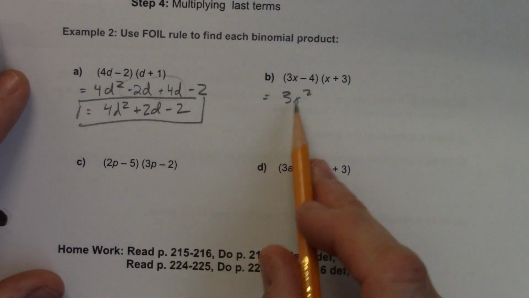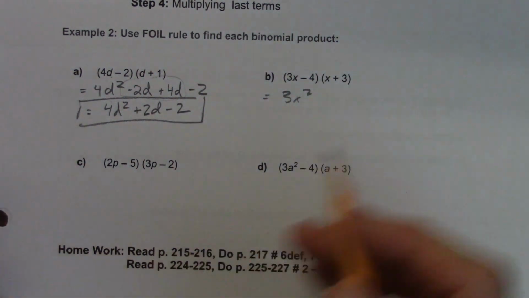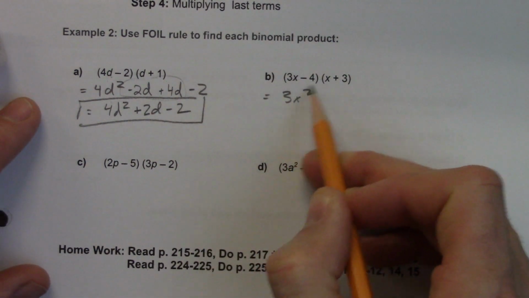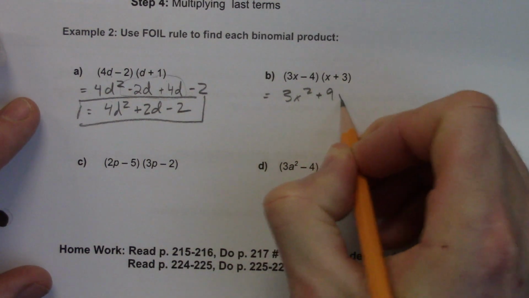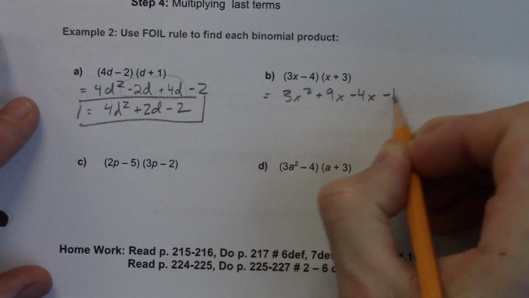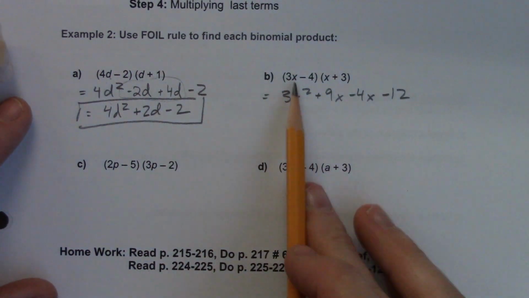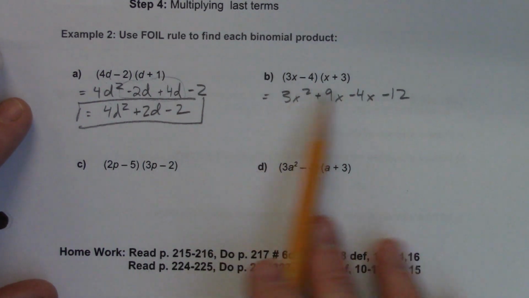This is the way I do it, actually. I'm forcing myself to use FOIL, but the way I do it is I go 3x times x, 3x times 3, so I'll do plus 9x, and then I'll do minus 4x minus 12. You guys see that? So I'm doing the first term times both terms, second term times both terms. So I'm not actually doing FOIL.